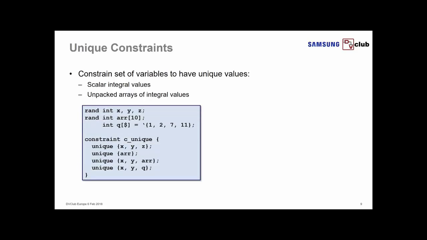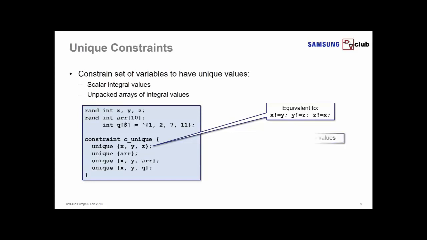I have a couple of random variables and an array, a random array, and a non-random queue. And I can say X, Y, Z are unique, and none of them are equal to the other. I could have written it as a series of inequality constraints, but unique is so much easier to do that. I can also randomize the contents of an array and ensure that all of those are unique values.